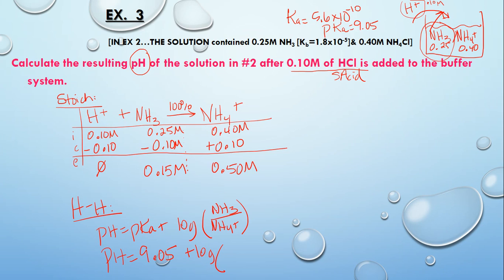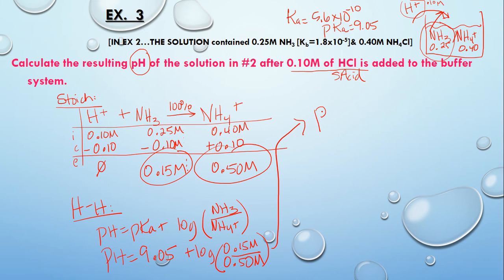So at this point, ammonia is 0.15 molar. Ammonium is 0.50 molar. So 9.05 plus the log of 0.15 over 0.50. We'll come over here. That's going to give me the pH is equal to 8.73.